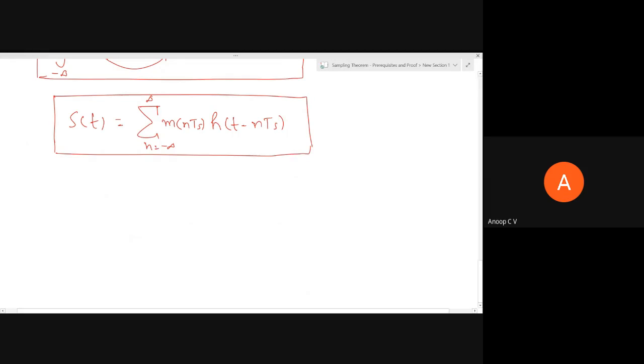Intuitively we assumed that the pulse should be a unit pulse spanning from 0 to t. It will be the same.